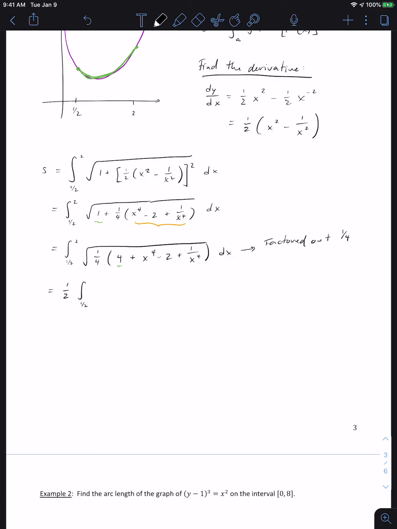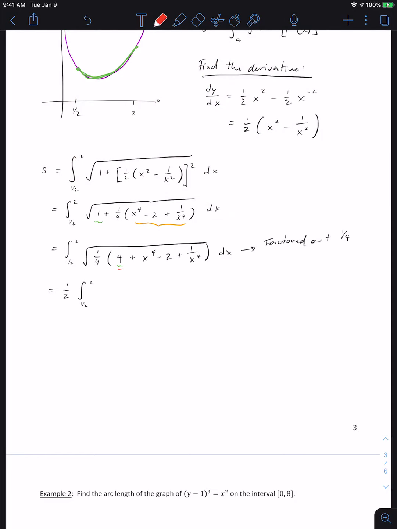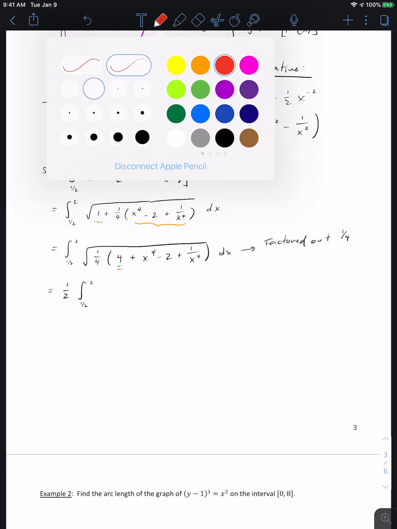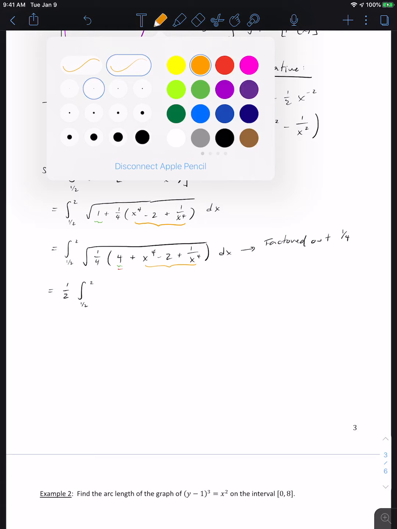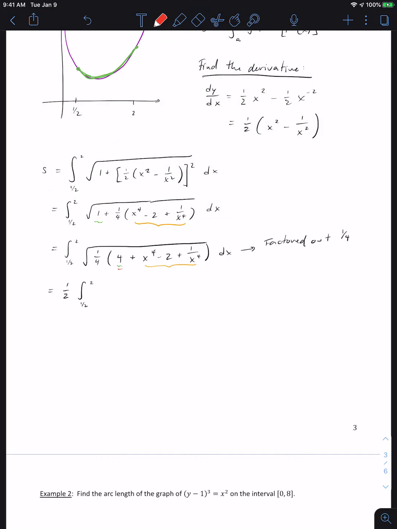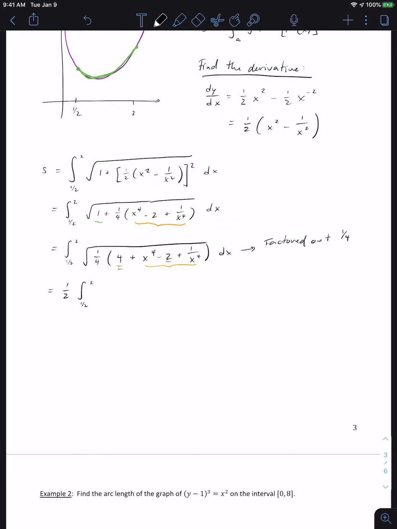And I have the integral from 1/2 to 2, and notice that I can combine the 4 and the 2 here. Oops, I should have underlined this part because it came from the orange there. If I combine the 4 and the 2, I will get x to the 4th plus 2 plus 1 over x to the 4th, all underneath the square root.